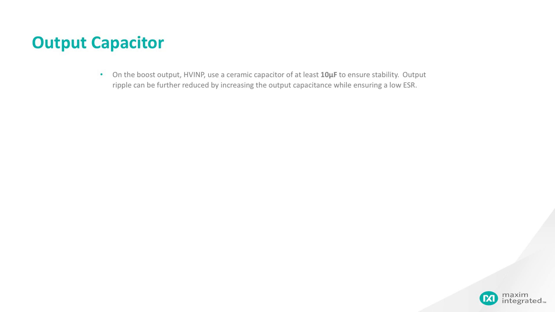Output ripple can be further reduced by increasing the output capacitor, and ensure a low ESR. A 10 microfarad ceramic capacitor is also needed on the NAVDD output to ensure stability. Increasing these output capacitors reduces the output ripple.